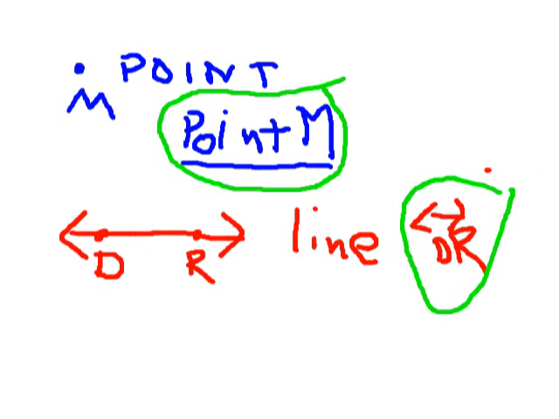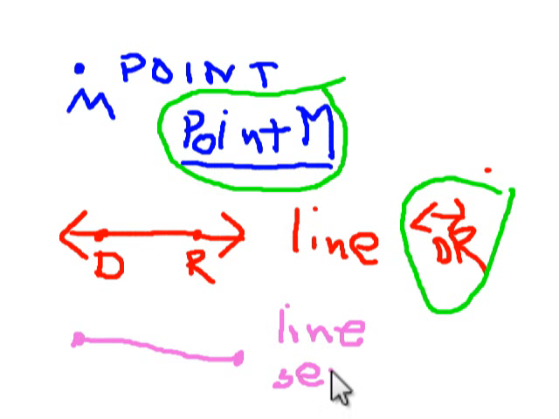Next we have a line segment. Line segments are like lines, except they can be measured because they don't go on forever. Again, mine's crooked, unfortunately, but this is called a line segment. Okay, and when I label the line segment, I'm always going to label the endpoints of the line segment.